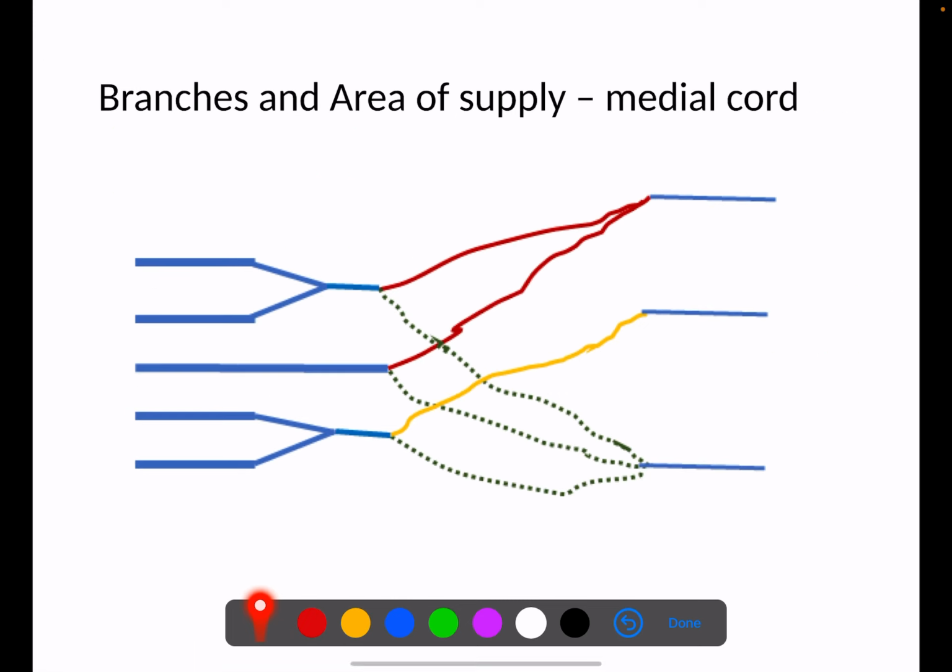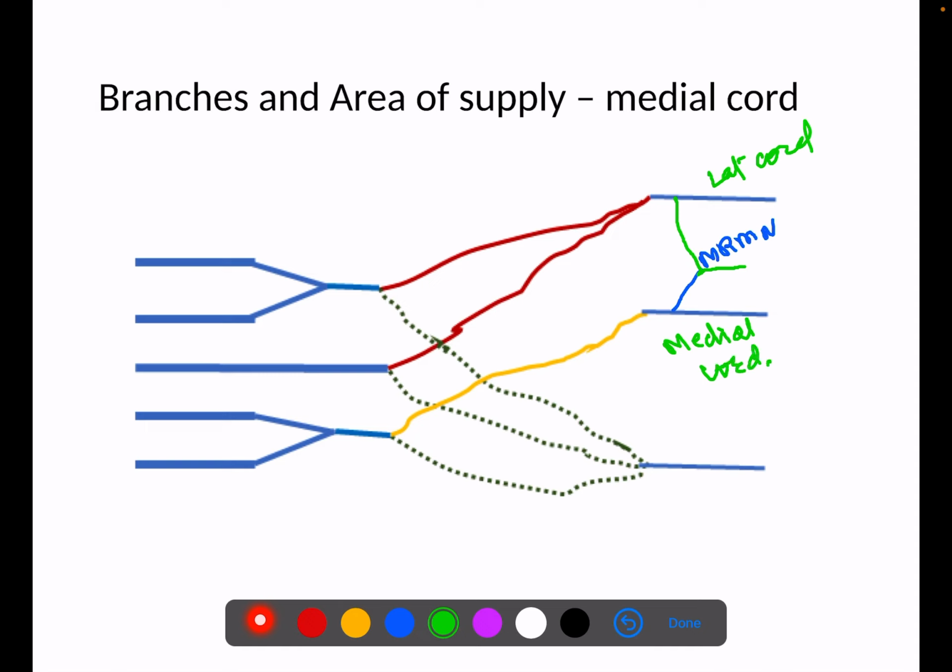Now what are the branches and area of supply of the medial cord? This medial cord, one branch we have already seen, that is the medial root of median nerve, which will join with the lateral root of median nerve arising from the lateral cord. This is medial cord. So these two will join and form median nerve. We have seen its supply as well.